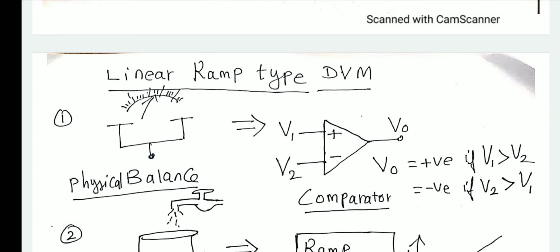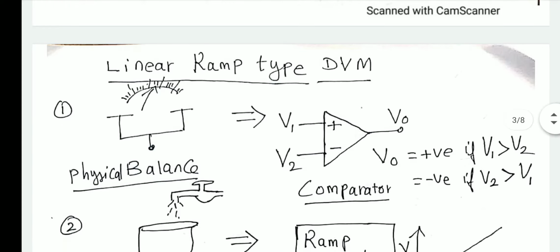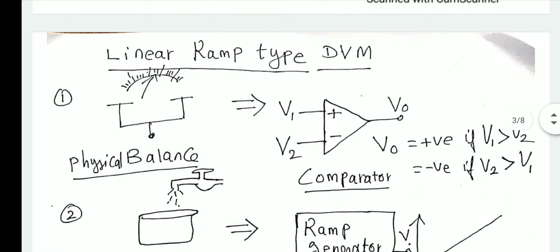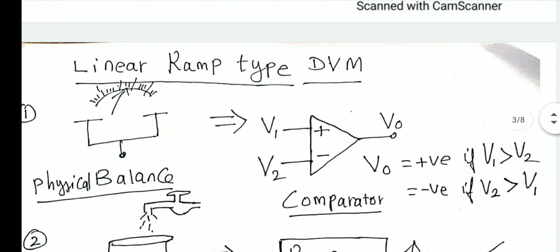An operational amplifier, when put into the open loop, acts as a comparator. It compares the two inputs and gives either the positive or negative supply voltage at the output. That is the idea. The comparator is an operational amplifier in open loop, comparing V1 and V2.